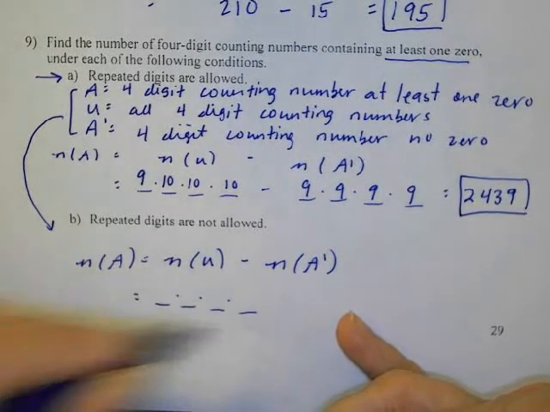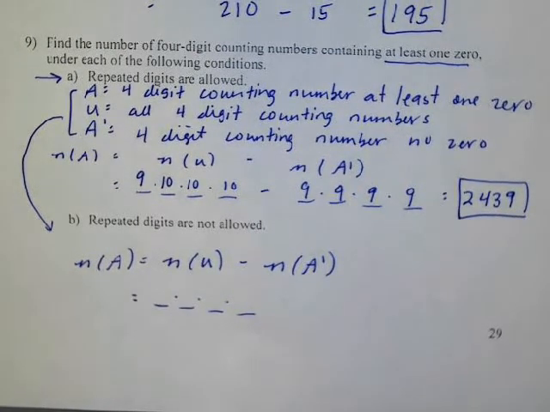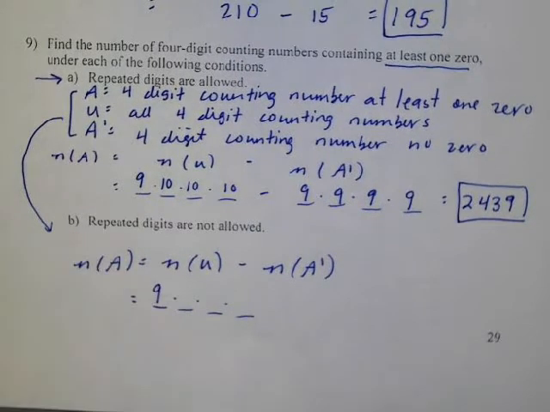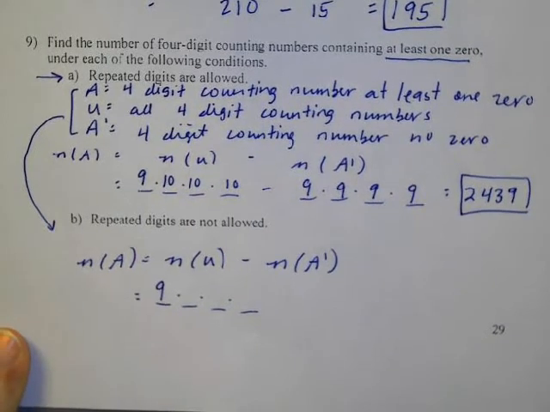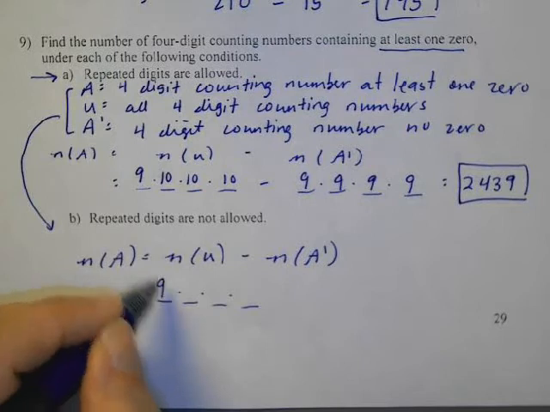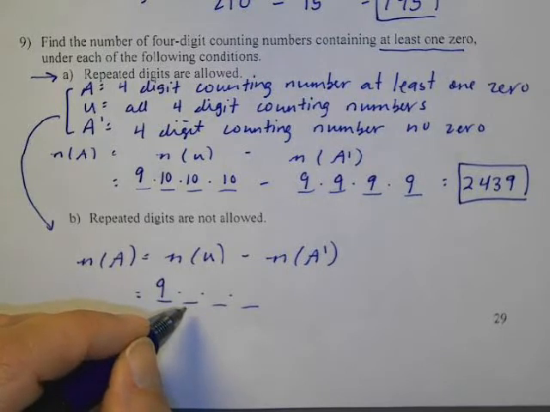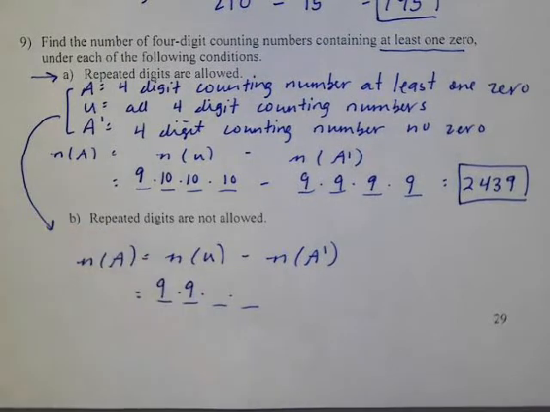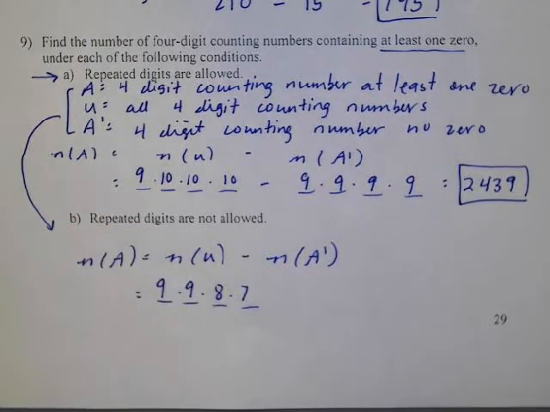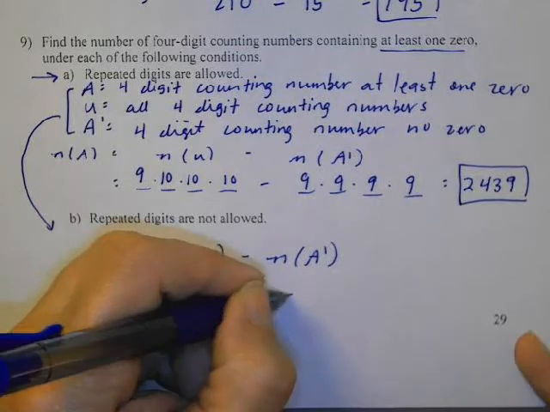So this is still 4 dashes because it's still a 4-digit number, but repeats aren't allowed anywhere. So I like to start in the front and acknowledge that 0 can't go in the front. Now I'm not allowed to repeat. So something used here is not allowed to be used anymore, but 0 gets to be included again. So that's why that's still 9. And then I start counting down 8, 7.